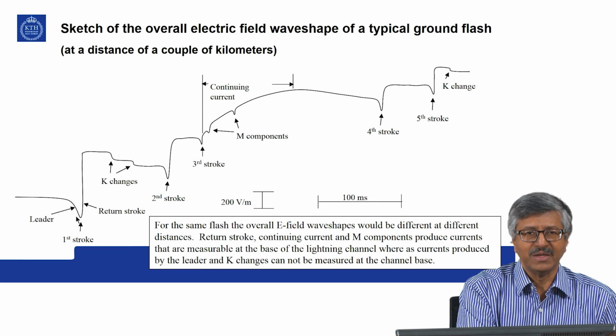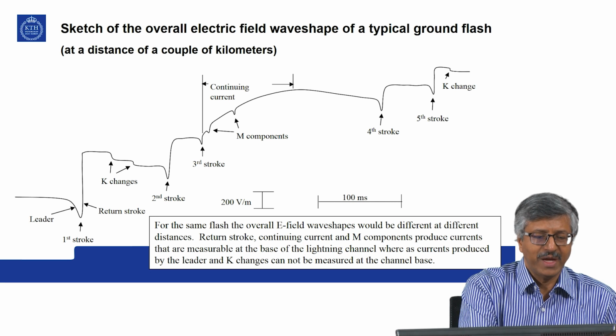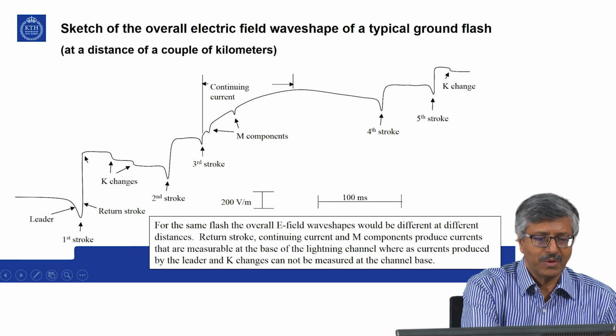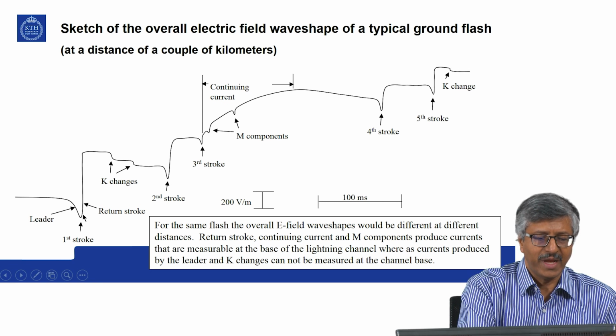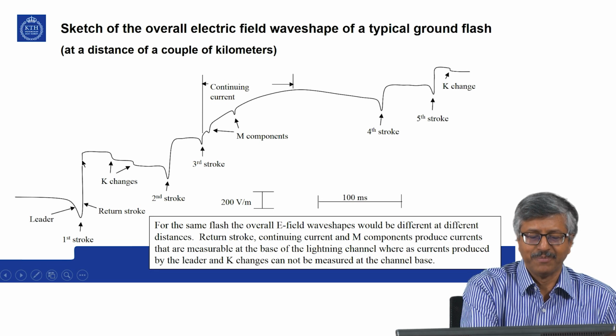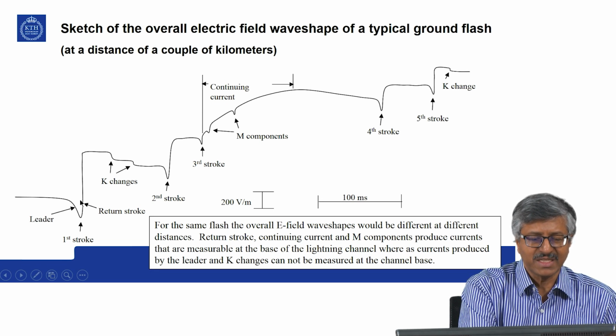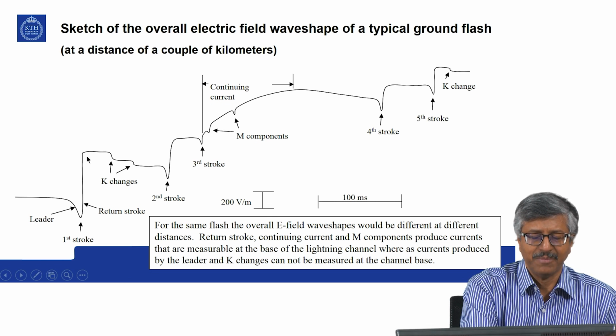Associated with that you hear the bright flash and thunder. That process is shown over here. This is how the electric field change will look during a return stroke. The rise time here is just a few microseconds only. So from millisecond scale, this process is in microsecond scale.